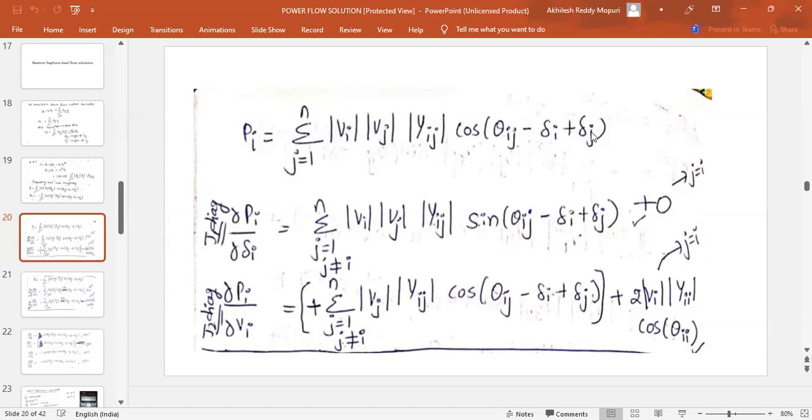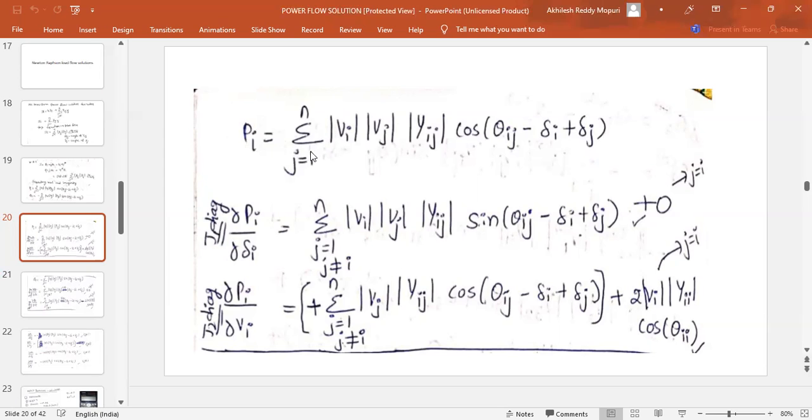If you want to differentiate this Pi with respect to del j, only the value of j will come in. That is, if you differentiate Pi with respect to del 3, it will occur only when j is equal to 3.